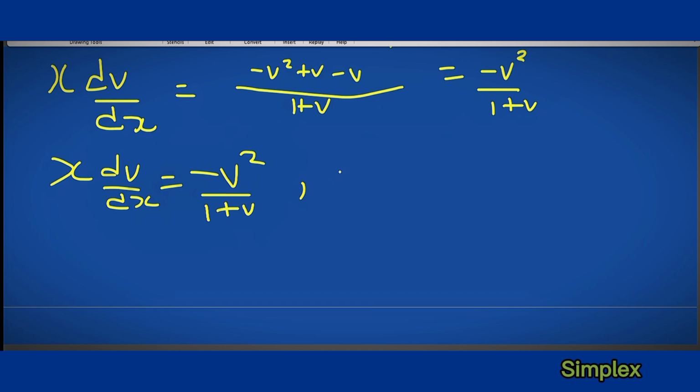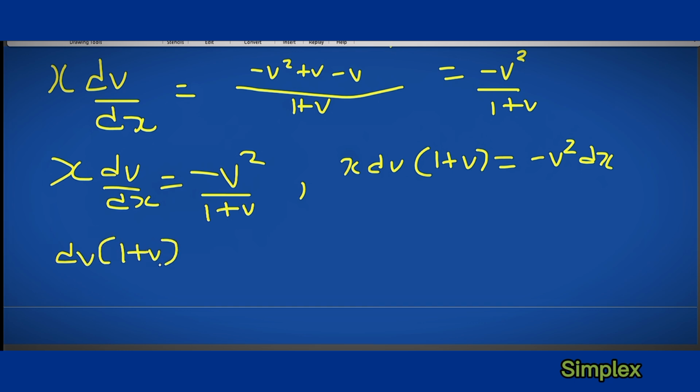Taking x to the other side, or simply cross multiplying, we have x dv (1 plus v) is equal to minus v squared dx. Simplifying further, we have dv (1 plus v) over minus v squared is equal to dx over x.